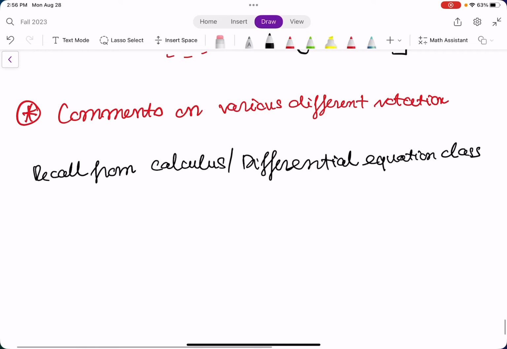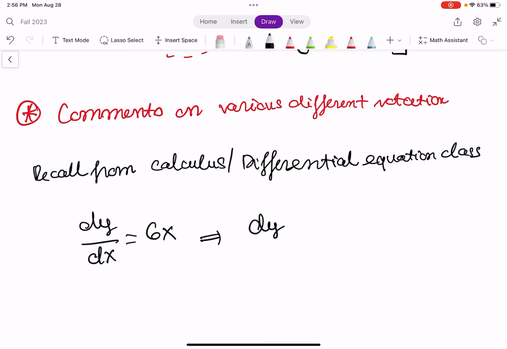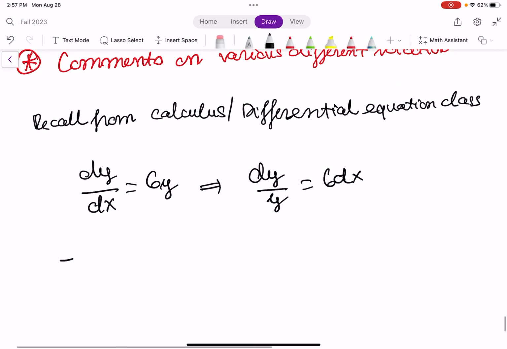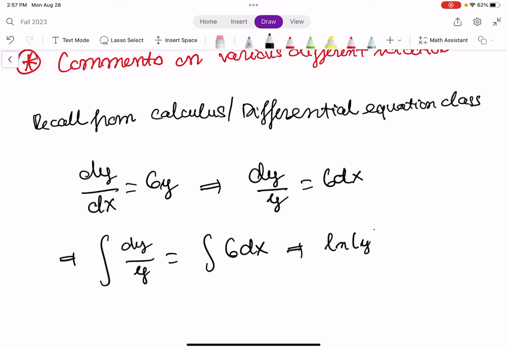if you are assigned a problem like this, dy over dx equals 6y, how will you solve it? You get dy over y equal to 6dx, and if you integrate both sides, the integral of dy over y equals the integral of 6dx, so you get ln y equal to 6x plus c.